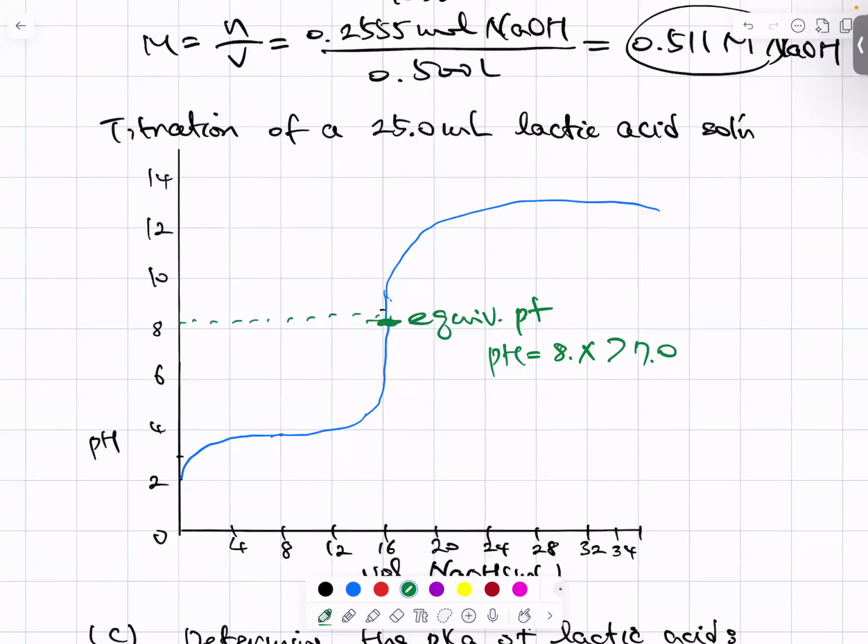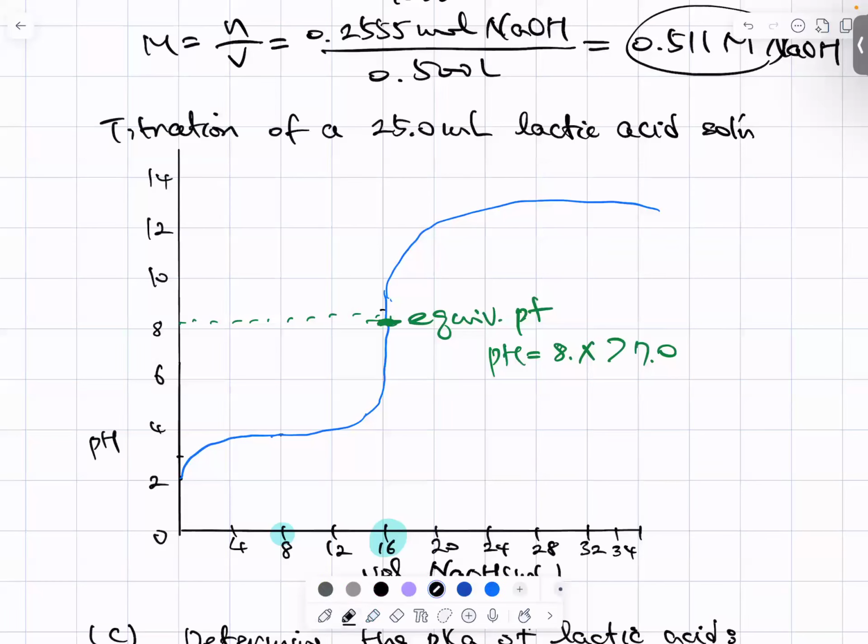Okay, more important than that, we need to recognize the half equivalence point. First, let's recognize what the volume is. In my drawing it is a little bit off, but in the computer-generated graph in our AP exam, you see that the equivalence point falls exactly on 16.0 milliliters. Then half is 8.0 milliliters right there.